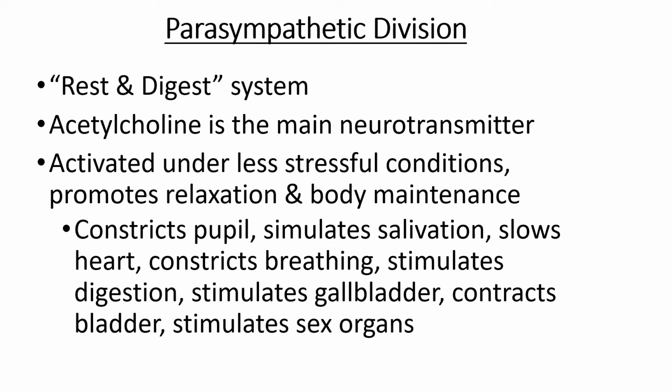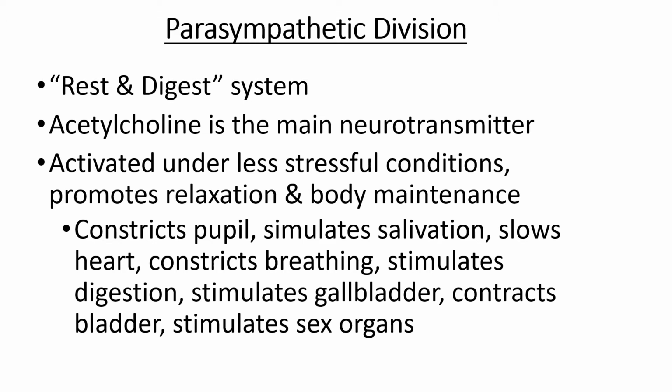That's going to be important to know because many drugs have anticholinergic side effects, meaning they inhibit or block this system, and it's going to result in certain side effects and symptoms. Okay, so we'll come back to that.